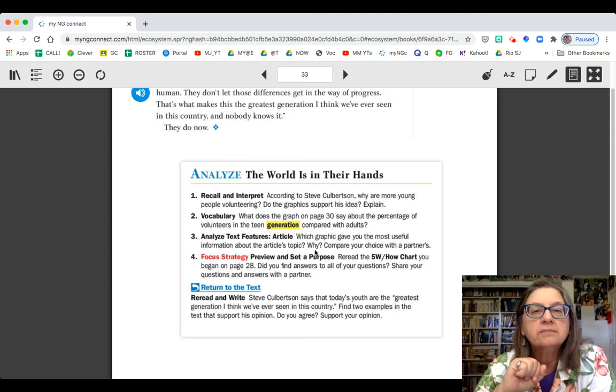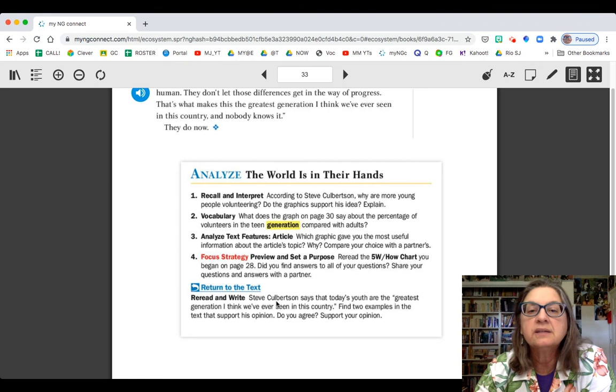Why do you think? And when you compare your choice with your partner's, that's something that we're going to do in the Flipgrid. If you kept the chart that you began, did you find the answers to the questions that you'd made? And there's more that we're going to do with the Flipgrid.